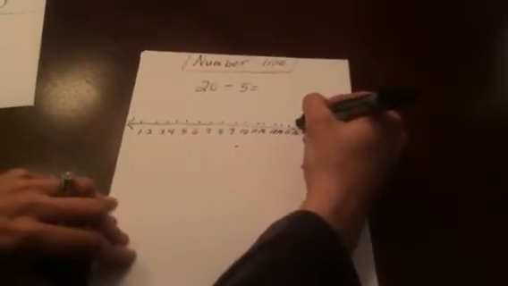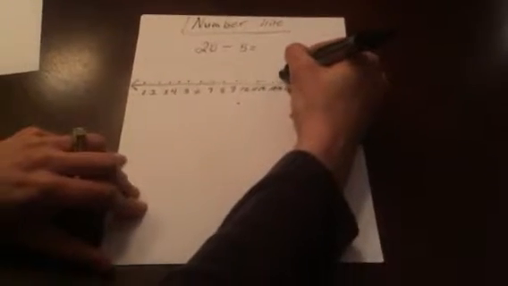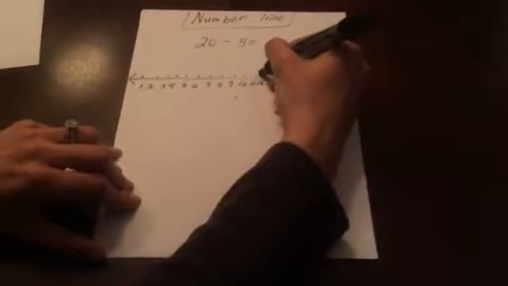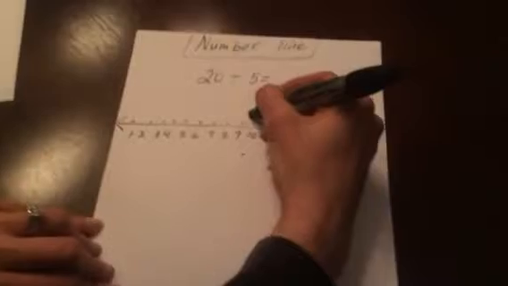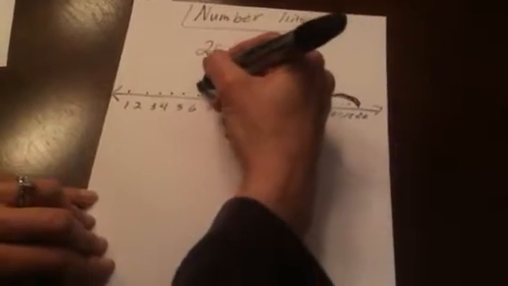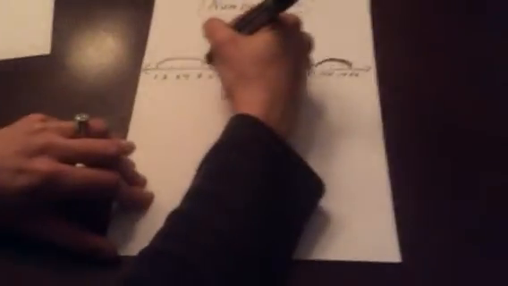We have to go 4 each time, actually. 1, 2, 3, 4. 1, 2, 3, 4. 1, 2, 3, 4. So 4 total times. Or they can go this way as well, 4 times until they hit 20. Either way.